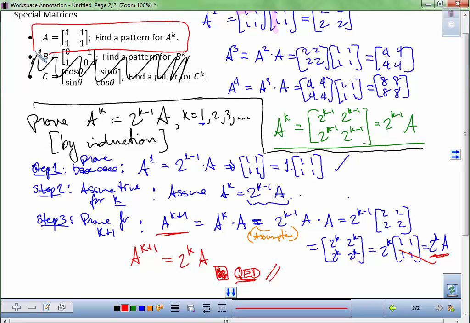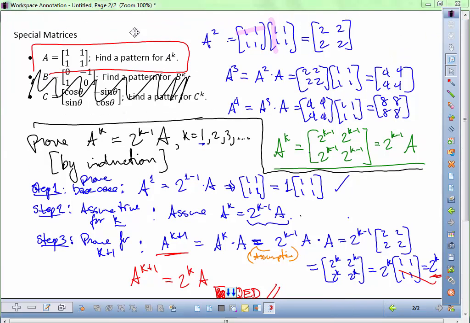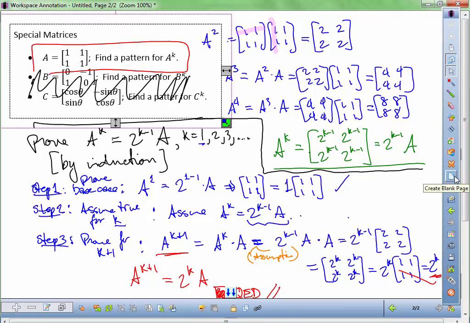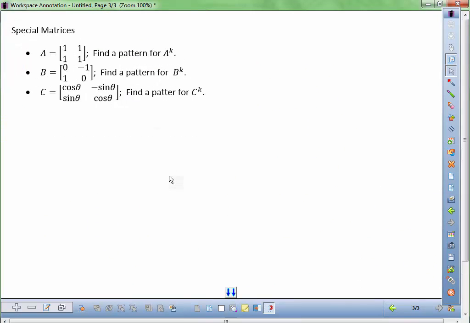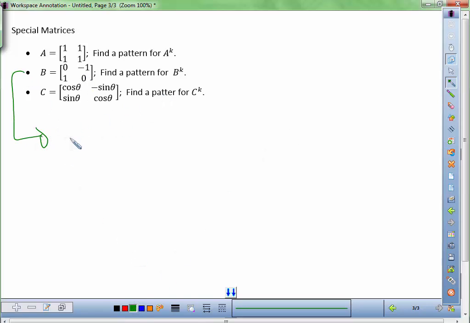Proof by induction. So there's a couple more here. I won't prove them, but let's take a look at some patterns for them. For B, let's start off by finding b squared. 0, negative 1, 1, 0 times 0, negative 1, 1, 0.